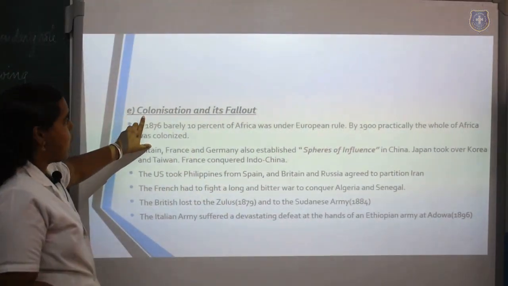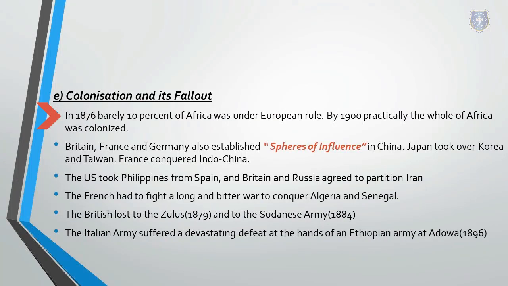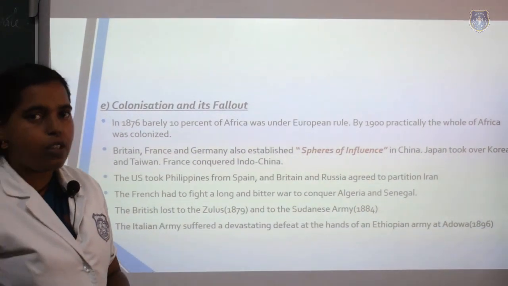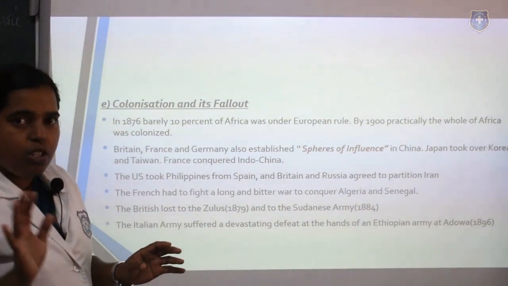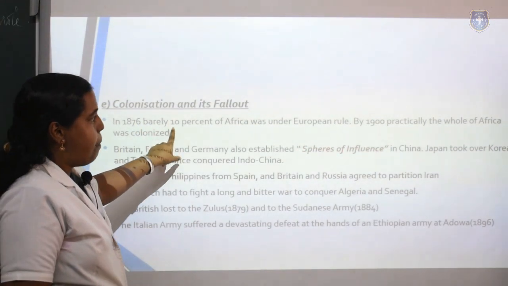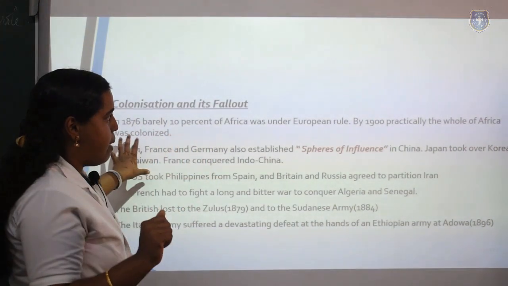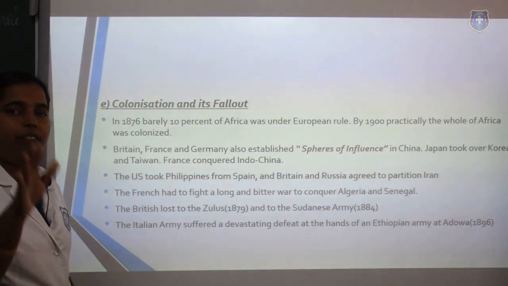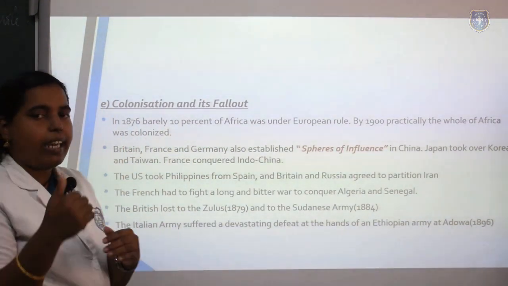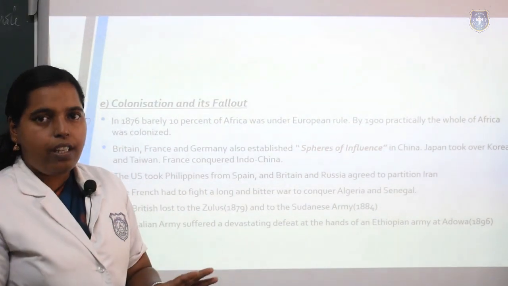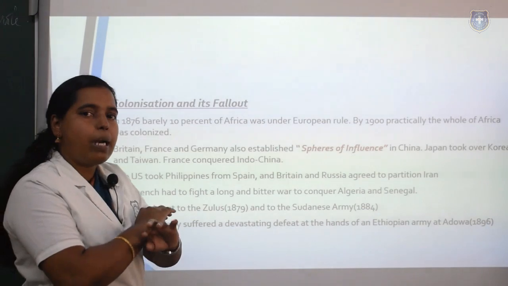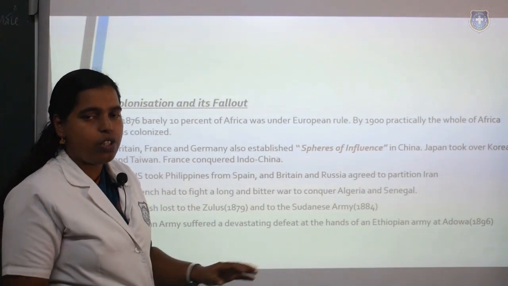Okay, next thing is colonization and its fallout. In 1876, 10% of Africa was under European rule. So not complete. Africa is a separate continent, but that full continent was not under the control of Europe; only 10% was taken. Automatically what will happen, every imperialistic people just get into the country for trade or on a small basis only, but later they will completely take control of the whole nation or the continent.